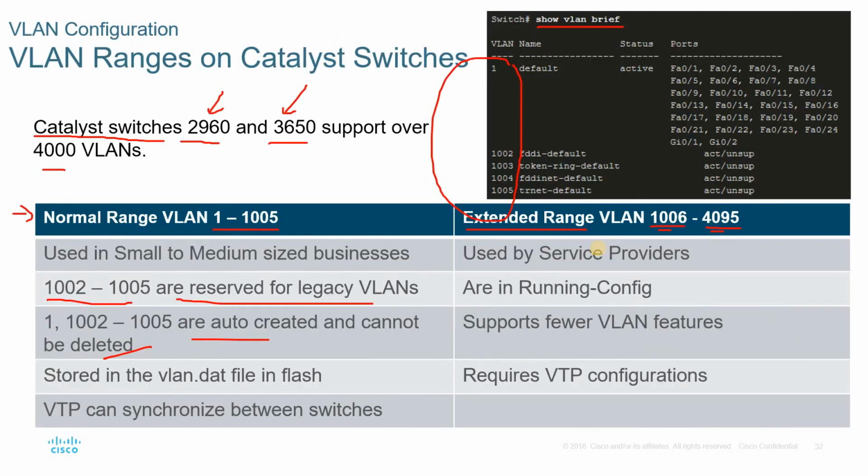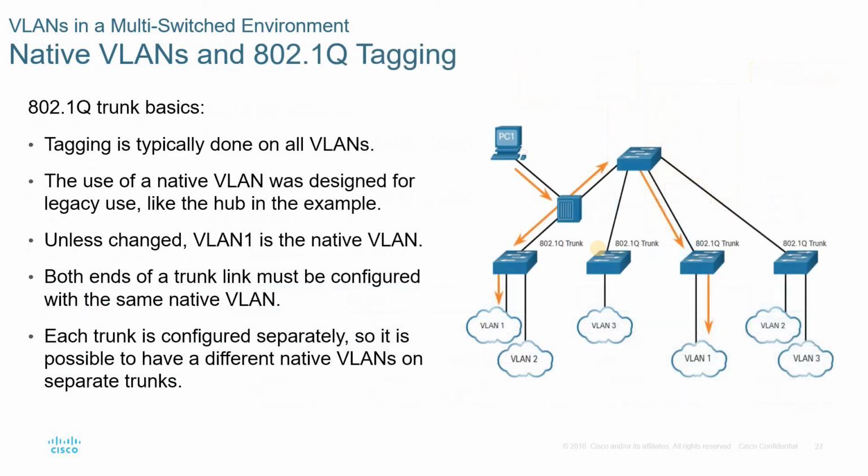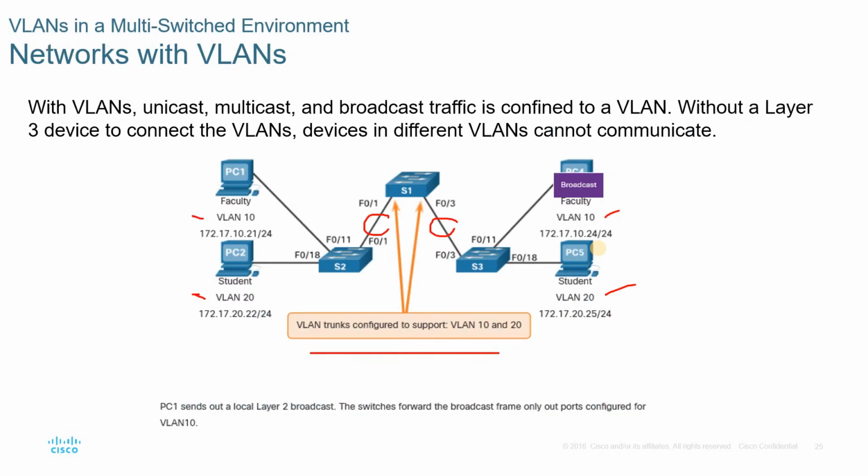So, if we're going to go back to this topology right here, tignan natin. Okay, ilan ba yung VLANs niya dito? Ayan. So, si S2, ilan yung VLAN na kailangan mong iset sa kanya? S2. Okay, you have VLAN 10 tsaka VLAN 20. So, ang gagawin mo dyan, punta ka sa global mode, type mo, vlan space 10, enter, name, space, faculty, enter.